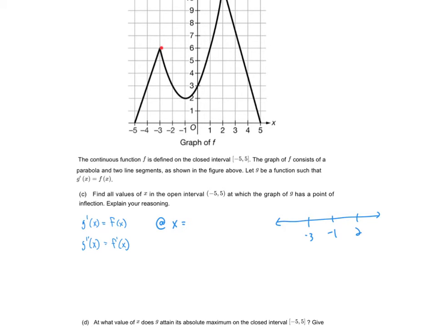From -5 to -3, this is positive since it's increasing. From -3 to -1, it's negative. It's decreasing. And then it's positive and negative, just looking at increasing and decreasing. So we have inflection points at x equals -3 and 2.